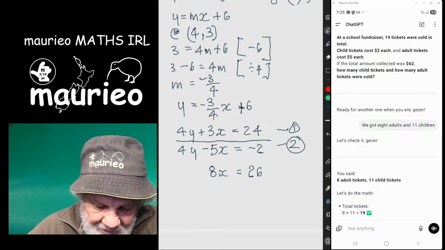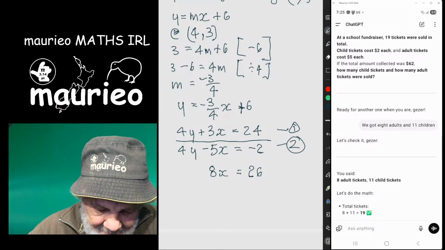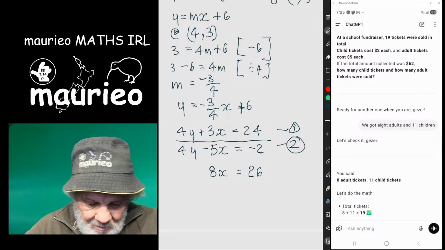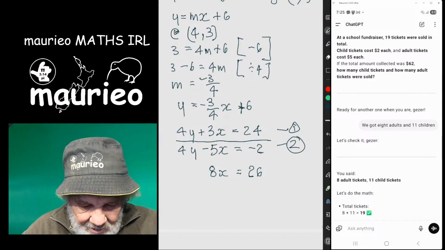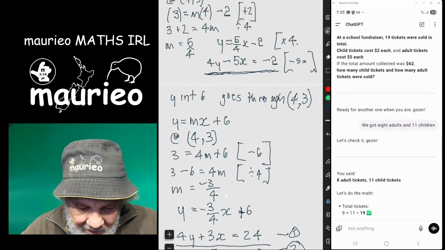4y minus 3x plus 24. Minus 5x minus 2. I've made a mistake somewhere.